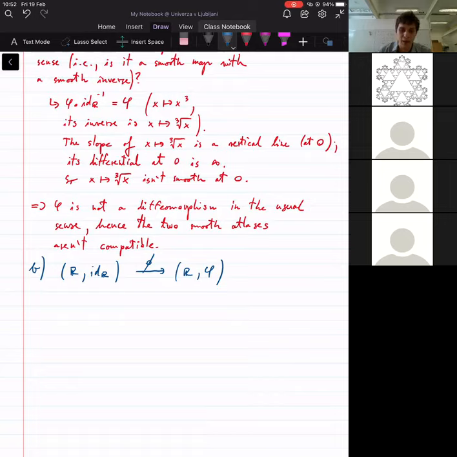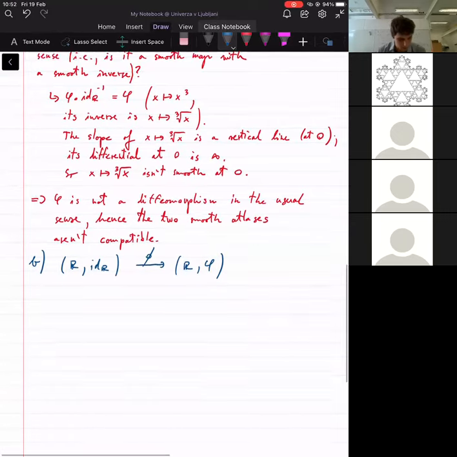This only means that I am endowing my abstract manifold R with the usual smooth structure, which is just given by the identity, right? And the second one on the right-hand side means that my codomain is an abstract manifold endowed with the smooth atlas given by phi, right?